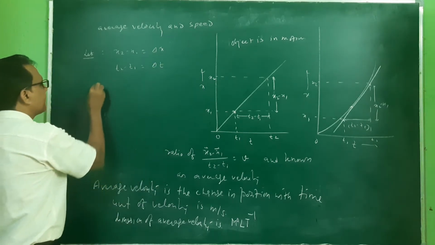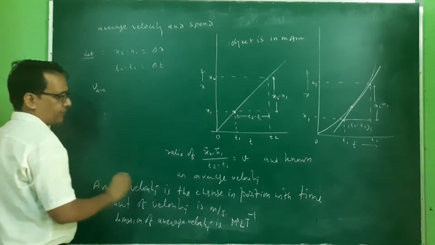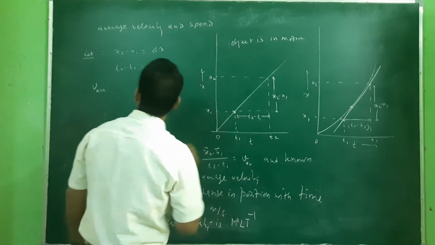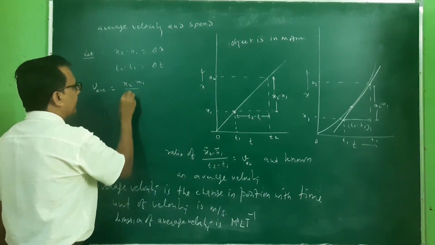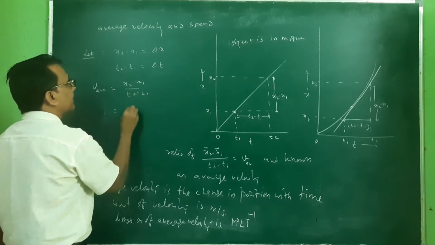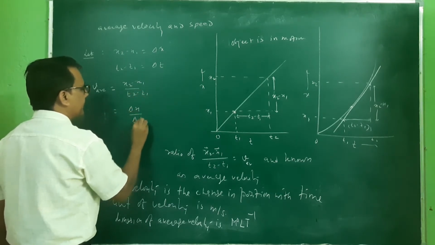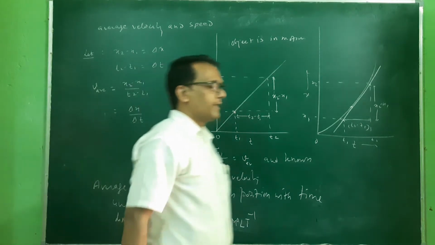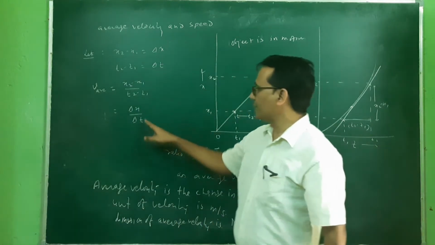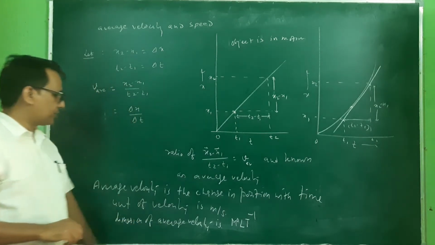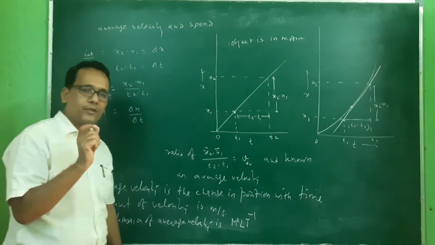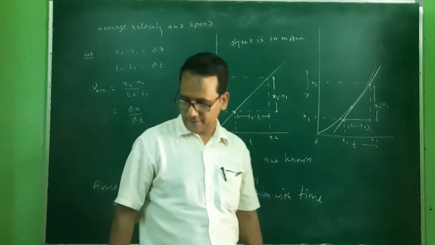Then the average velocity, v average, is x2 minus x1 by t2 minus t1, and one can also write it as delta x by delta t, the change in position over the change in time. This delta term is used to show variation in general physics and mathematics.